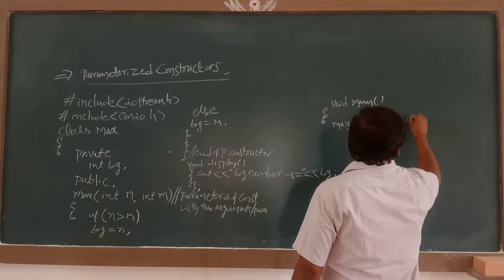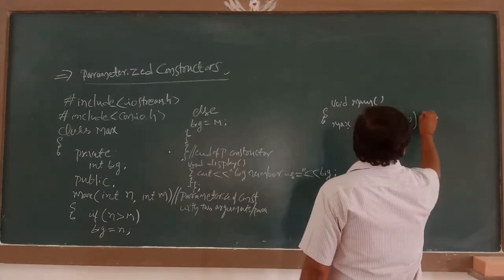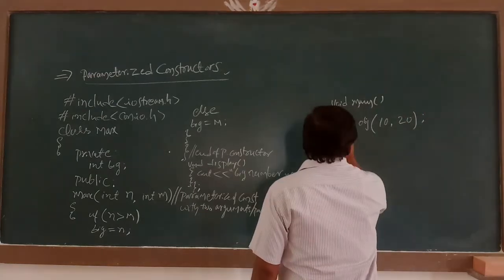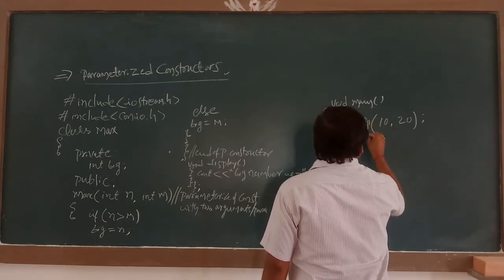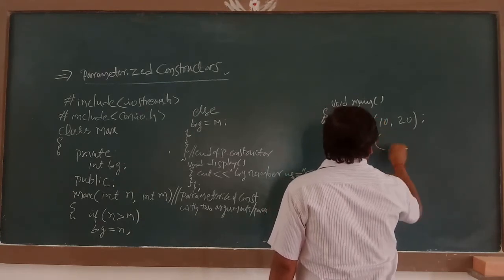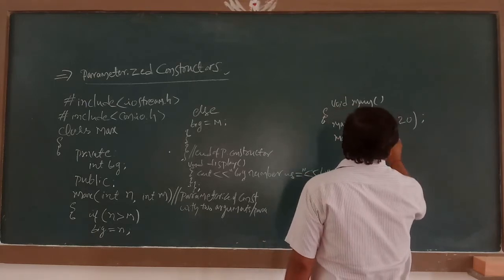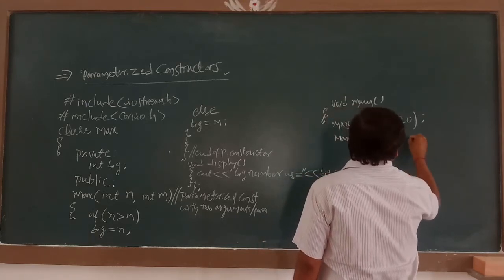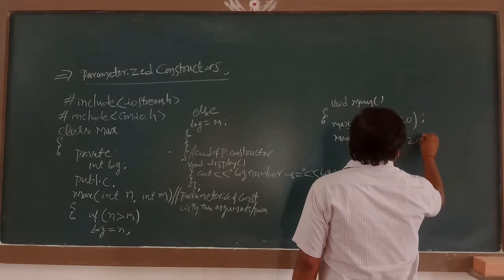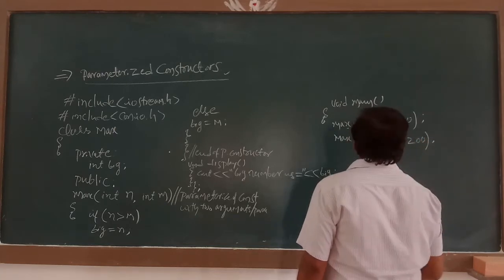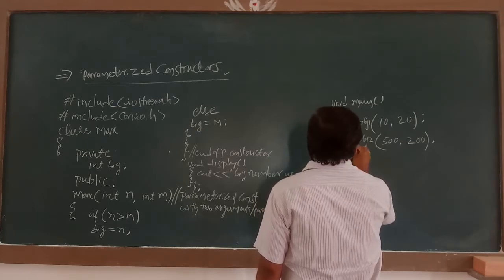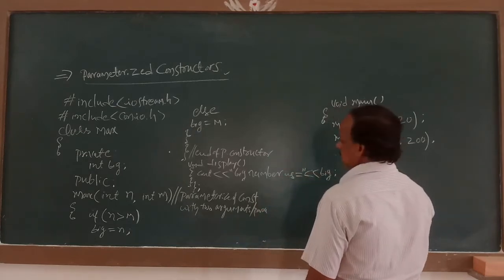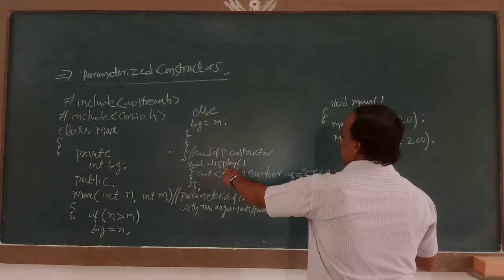10, 20. Okay. I am declaring one more object here, max obj2 of 500, 200. And afterwards, I am calling this display function.